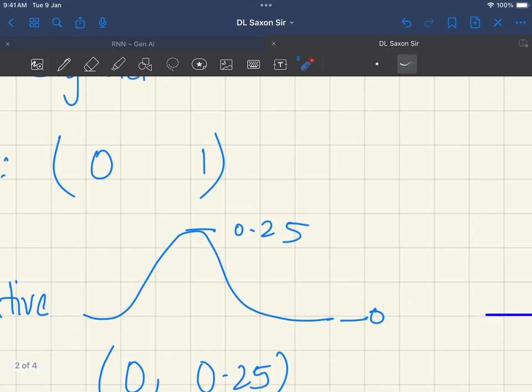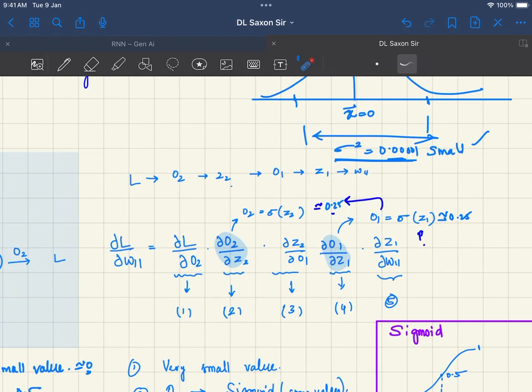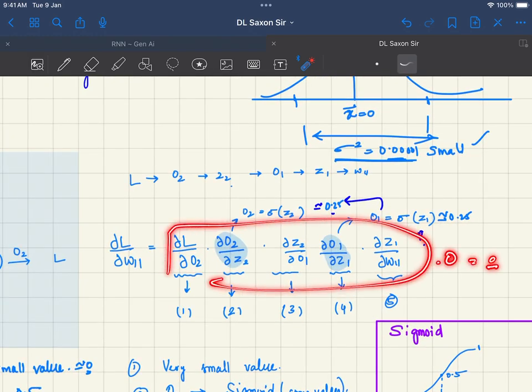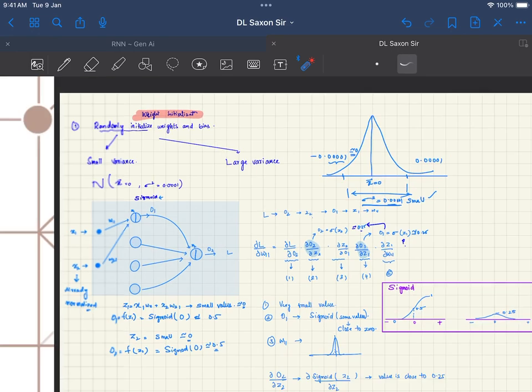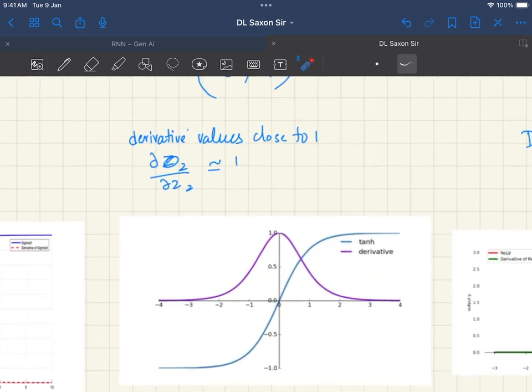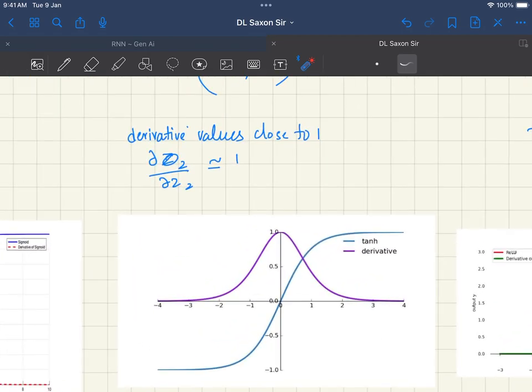When it becomes 0, what will happen? You multiply this entire thing with 0, it will become 0, and no weight updates happen, and again vanishing gradient. Same is the case with tan h also. In tan h also, this is the derivative. For extremely large values, the derivative is becoming 0. So it is so close to 0, the weight updates won't happen.